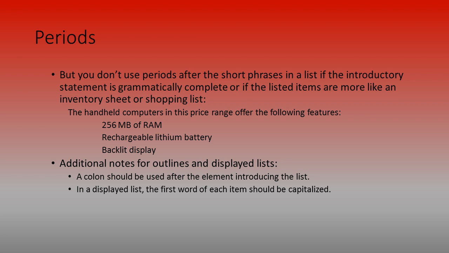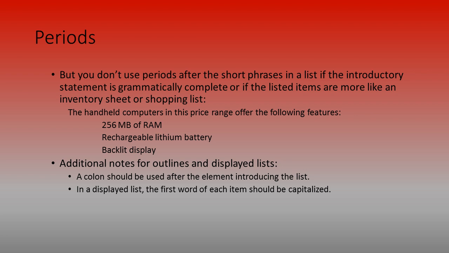So this example, the handheld computers in this price range offer the following features. That's a grammatically complete thought. So the rest is just kind of a list of what you get with those handheld computers. So you would not use periods there.